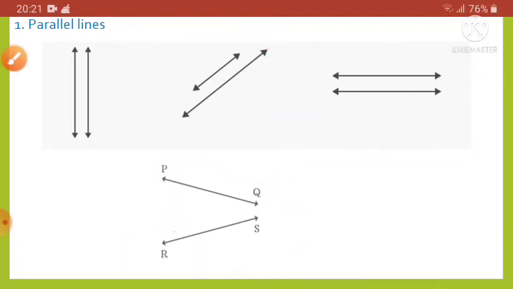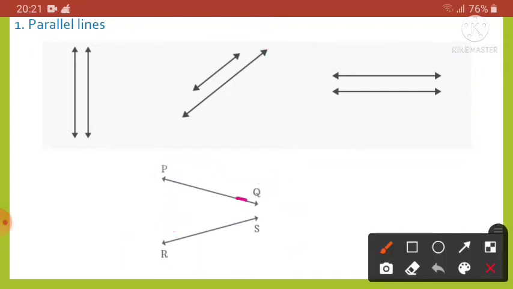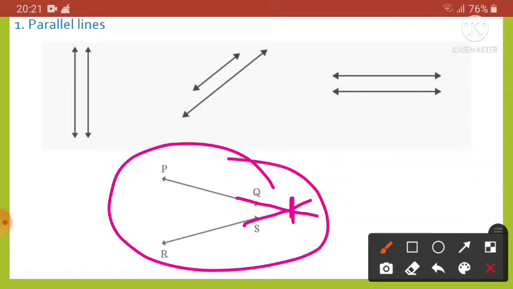If we extend this line, we can see that both lines meet at a point, so they are not parallel lines. They meet each other at this point.